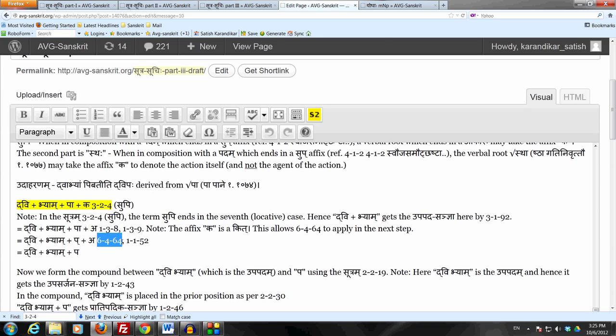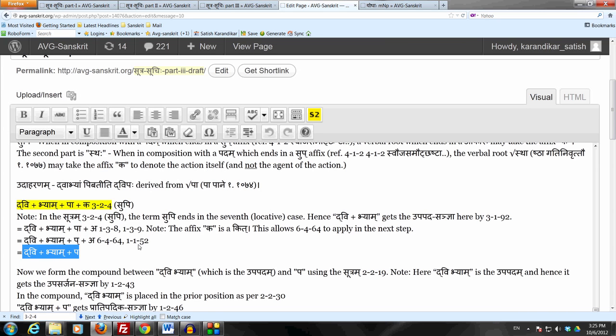By the paribhasha sutram alontyasya, we remove the ending akaraha of pa, and so now we have dvi plus bhyam plus pa plus a, so dvi bhyam pa.